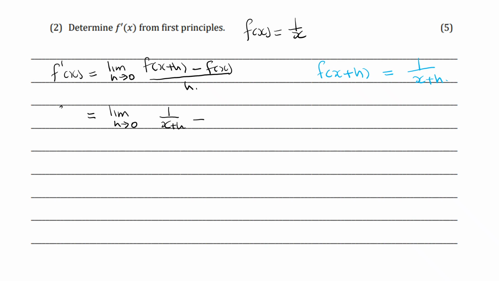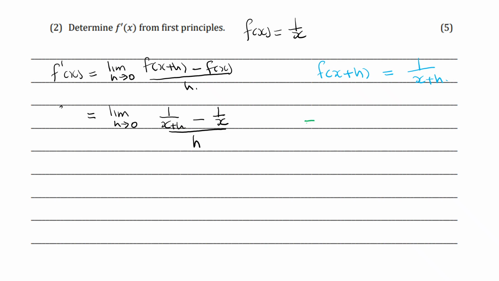Then we subtract f of x, which is 1 over x. Then everything is divided by h. So I think now you can see that we need to work out the top part first before we do the substitution and so on. Let us find the LCD.